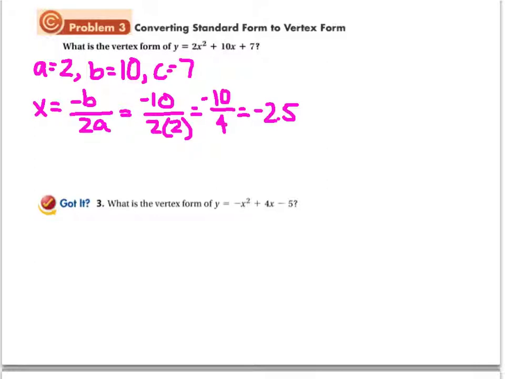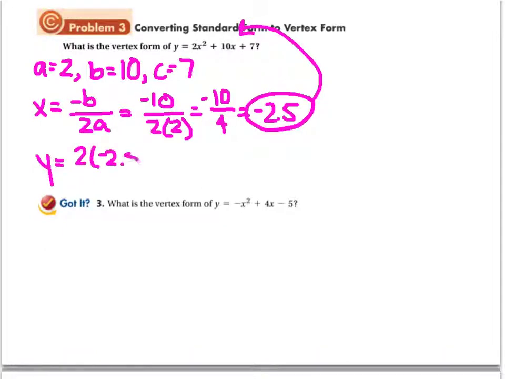So now I have the x, but I also need the y. So to find y, I have to plug x back in. Are you kidding me?